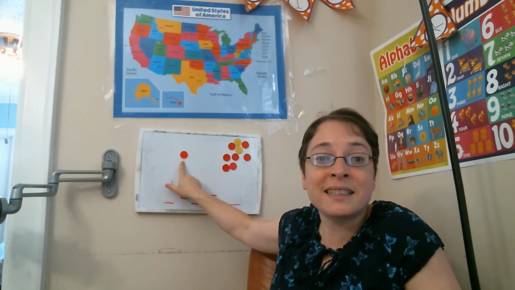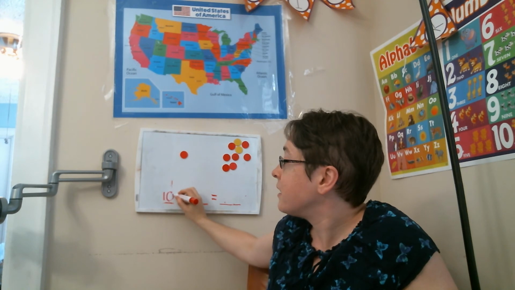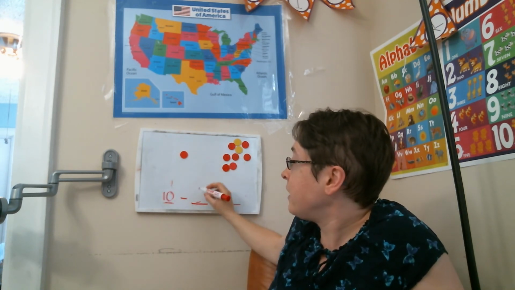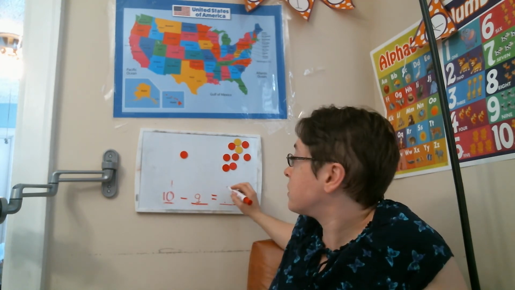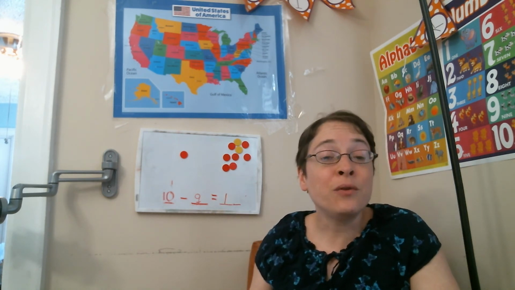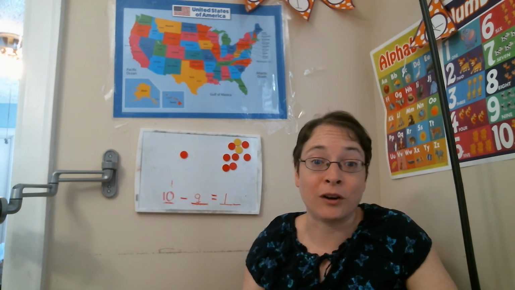How many is left? 1. So let's try it. 10, take away 9 equals 1. And you can do this with more stories about cars.